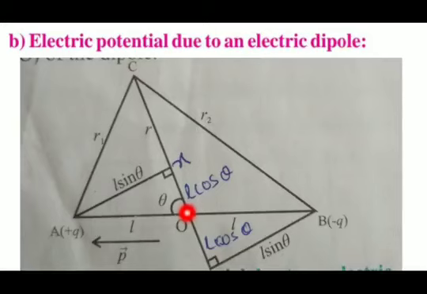Just now we have seen that we have 1 upon R1 minus 1 upon R2 in the bracket. So what else do we have to do? First of all, we have to find the value of 1 upon R1 and 1 upon R2. Then we can substitute these values in the last equation that we just saw. So how can we find the value of 1 upon R1 and the value of 1 upon R2?